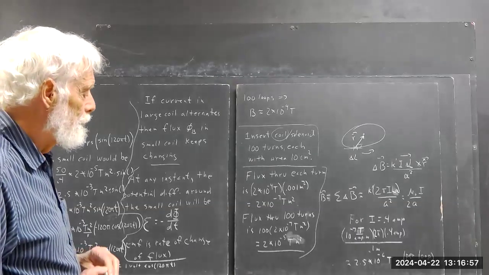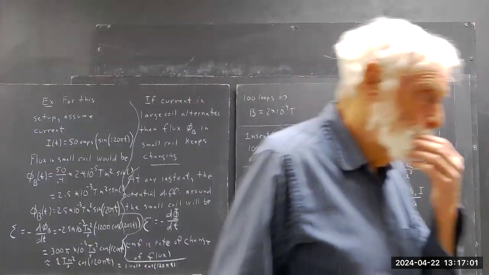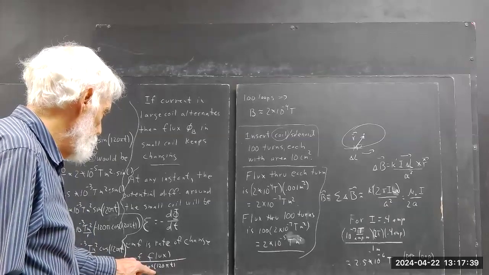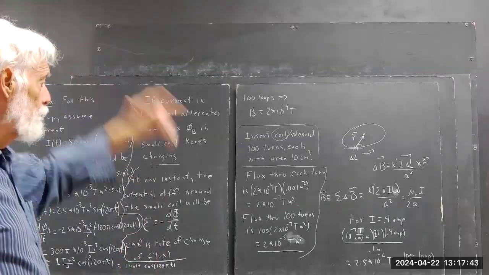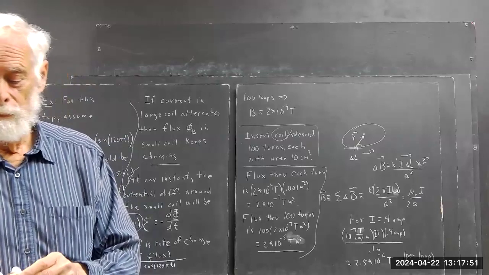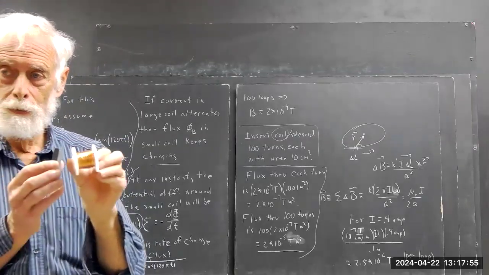And the source of alternating current, the source of the current, the 50 amps times the sine of 125 t comes from a coil rotating in a magnetic field.